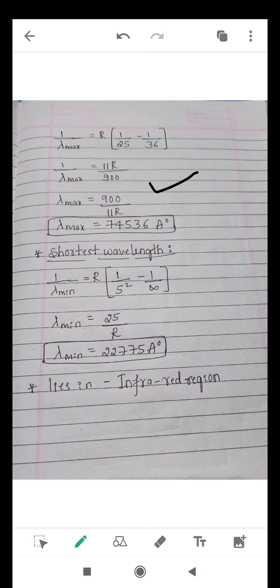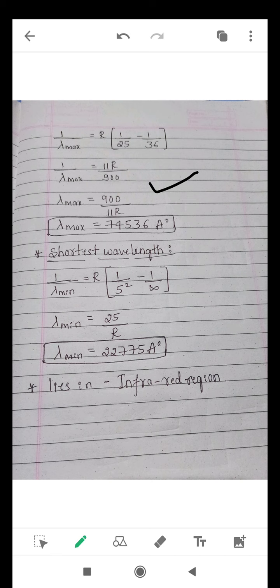Now we'll get the value of shortest wavelength for the Pfund series. 1 divided by lambda minimum is equal to R times of 1 divided by 5 square minus 1 divided by infinity. Therefore lambda minimum is equal to 25 divided by R, which is 22775 angstroms. And this series lies in the far infrared region of the electromagnetic spectrum.